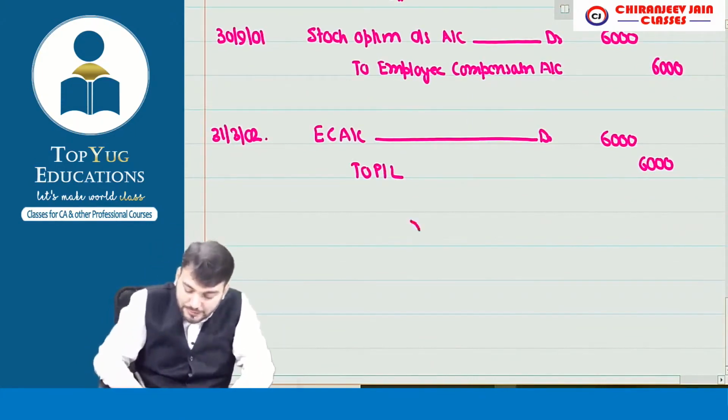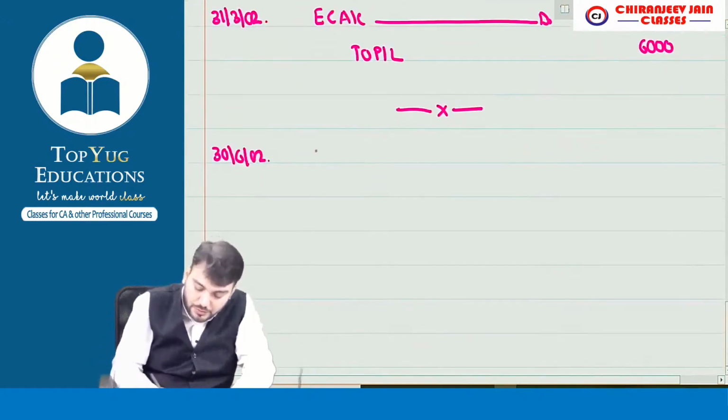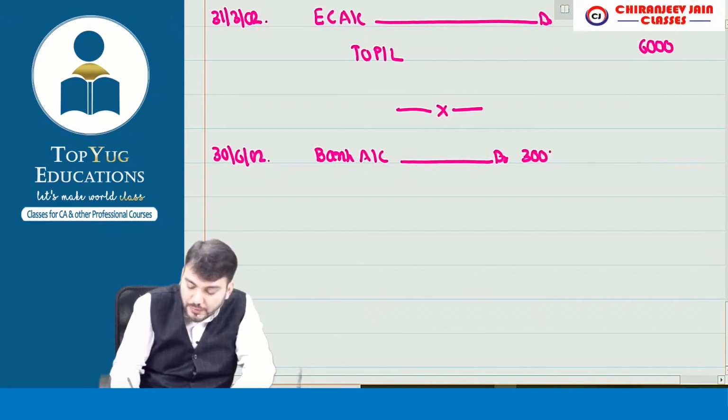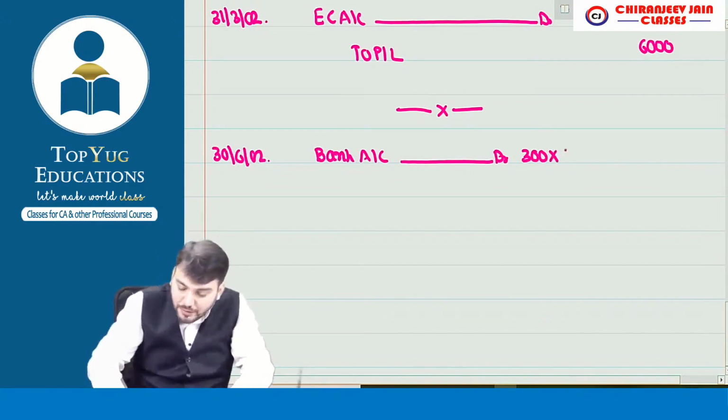Correct. Then on vesting period, on 30th June 2002, बताओ how many employees exercise the option? 300 employees. What is the exercise price?